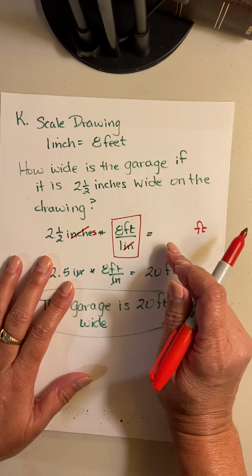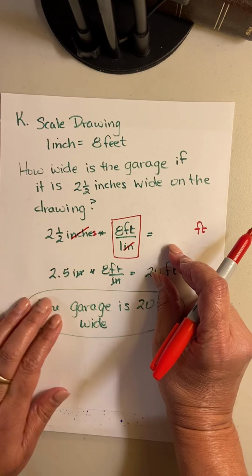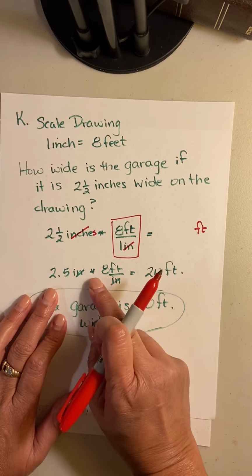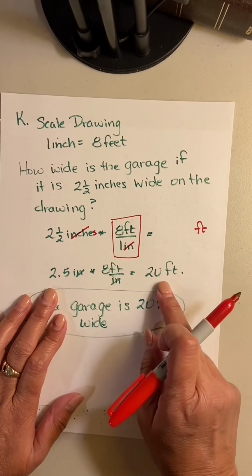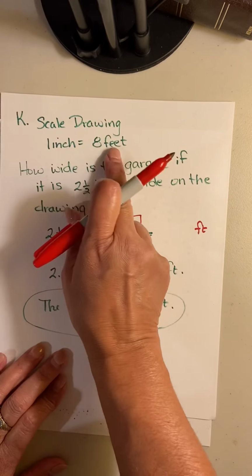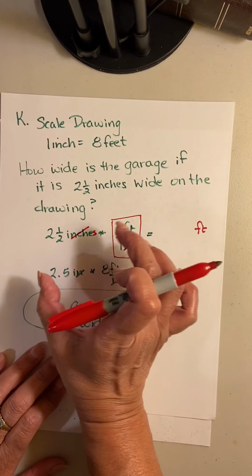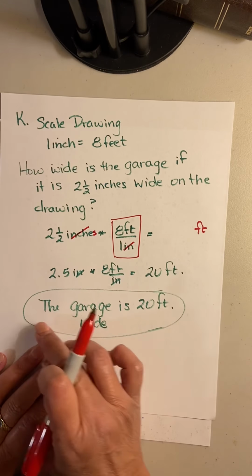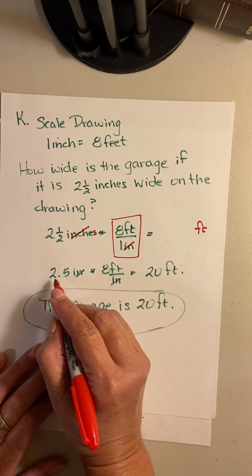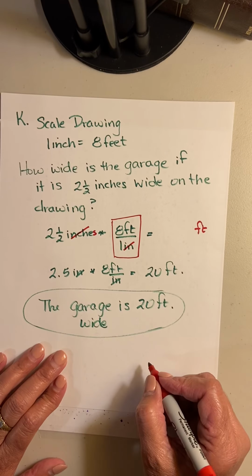I'm left with feet. So instead of saying 2.5, I wrote 2.5 inches times 8 feet per inch, which gives me 20 feet. From looking at the picture, it's only 2.5 inches, but in reality, the garage is 20 feet wide. So that's how I got it. 2.5 times 8 is 20 feet.